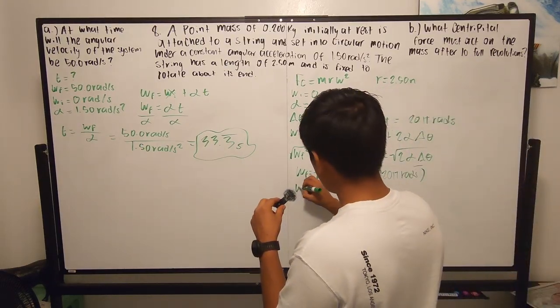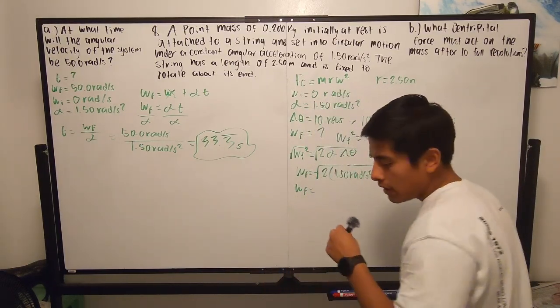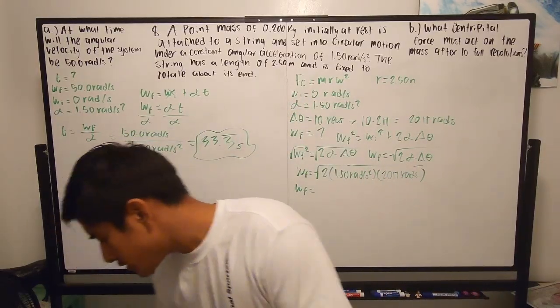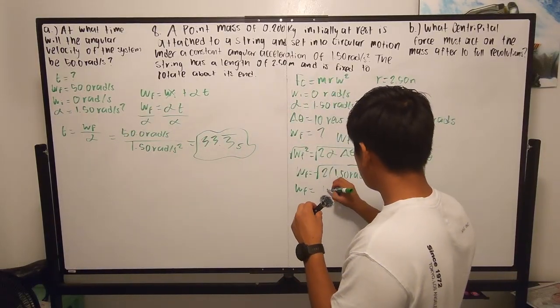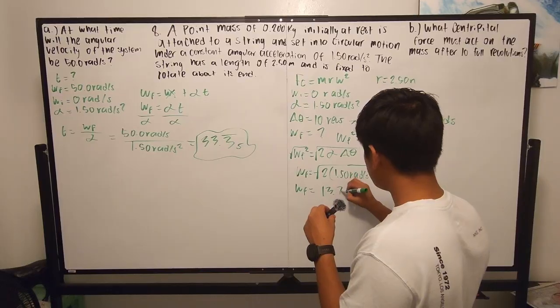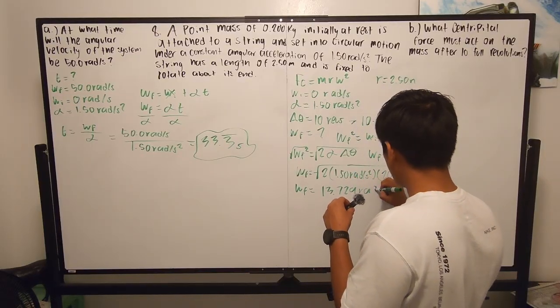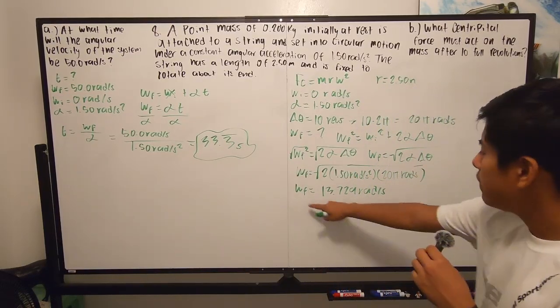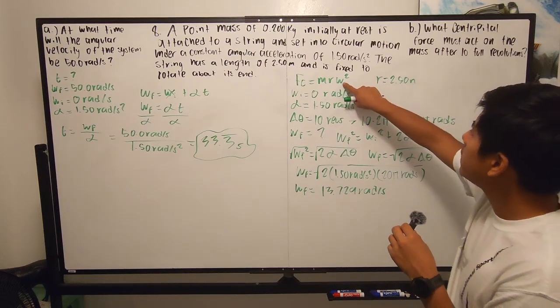Solving for that, I'll get that omega final is equal to 13.729 radians per second.